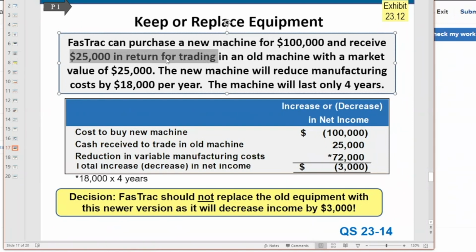Another benefit is that we're going to make basically $18,000 a year more money because our costs will go down by $18,000 a year, which over 4 years is that much money. That's the cost of the machine. Notice you put it negative because it's a cost. It's money going out. 25,000 coming in on trade-in and 72 coming in from cost savings.